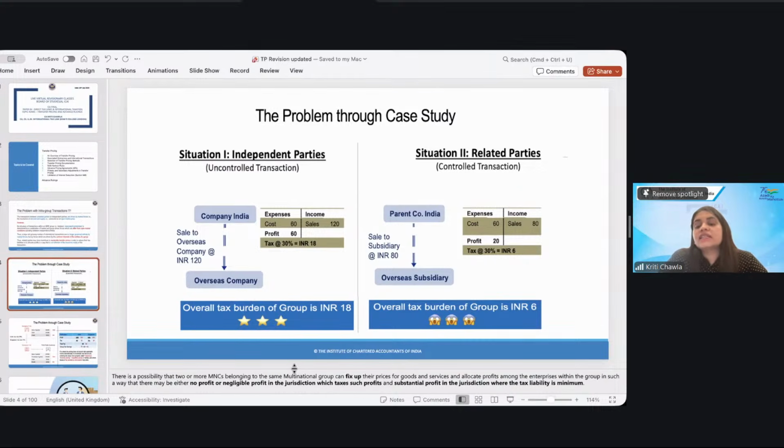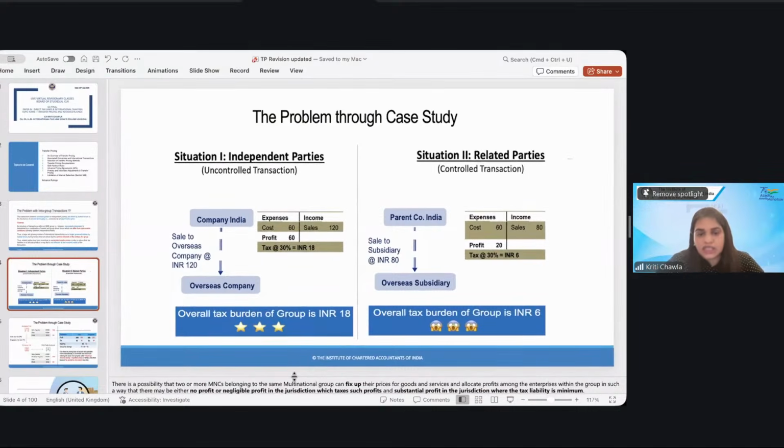And this is the reason the tax liability is going to be minimum out here. Now this really is the problem with related party transactions, how they were able to bring their tax liability down from 18 rupees to 6 rupees. This is really the problem that we are talking about.